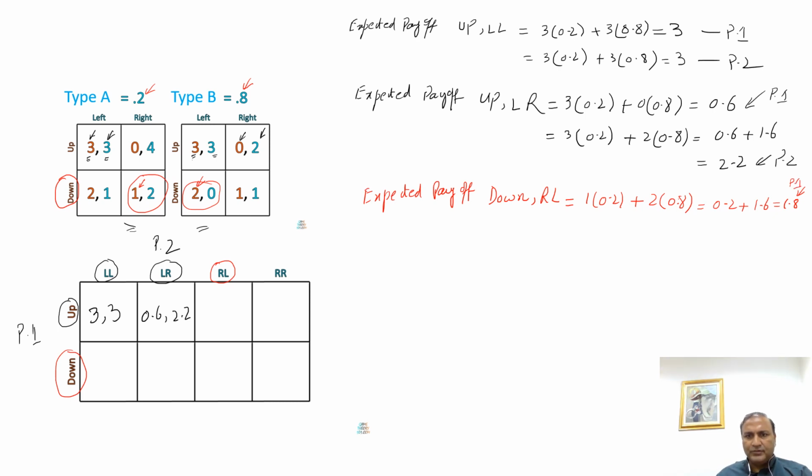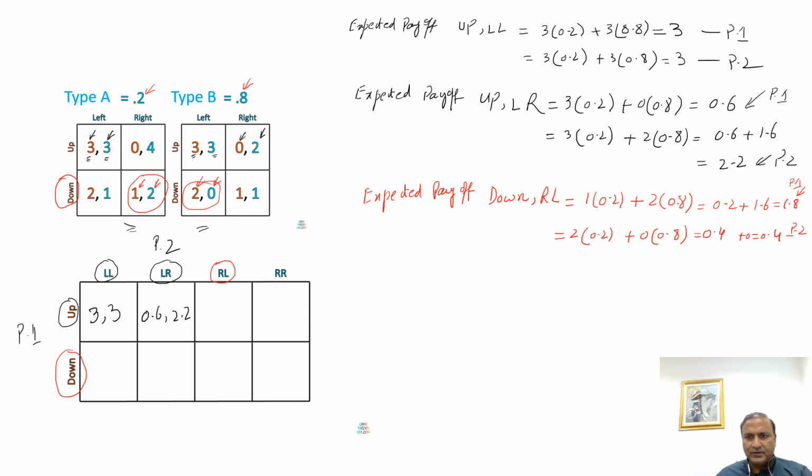And similarly, we have to do it for player number 2. So for player number 2, he can get 2 with probability 0.2, and he can get 0 with probability 0.8. So now let us write his expected payoff. 2 times 0.2 plus 0 times 0.8. So the answer is 0.4 plus 0 is equal to 0.4. So this is the payoff for player number 2.